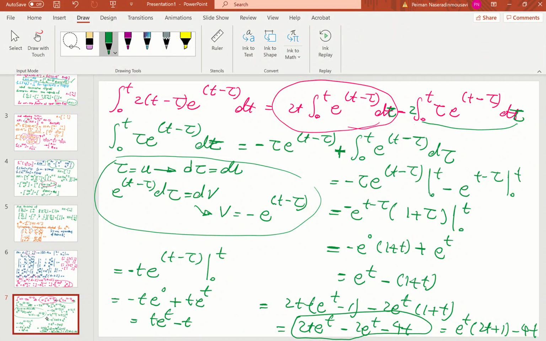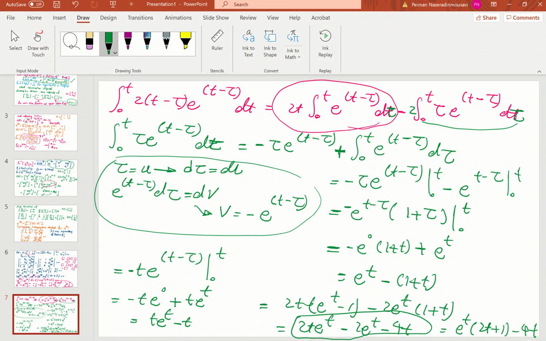This is going to be minus e^(t minus tau) times (1 plus tau) from 0 to t. So it's going to be minus e^0 (1 plus t) minus and minus plus e^t. It's going to be e^t minus 1 plus t.